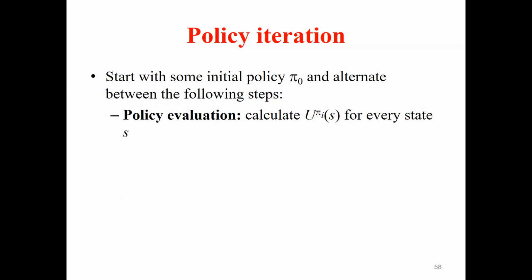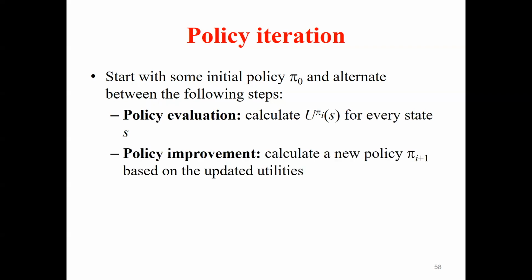Since we have the policy, we'll calculate the utility of a given state based upon the policy pi i, meaning the ith iteration. Then look for policy improvement, whether pi i plus 1 needs to take the same value as pi i, or I should update. How should I update? You know from the Bellman equation, the action which maximizes the expected utility needs to be picked up.